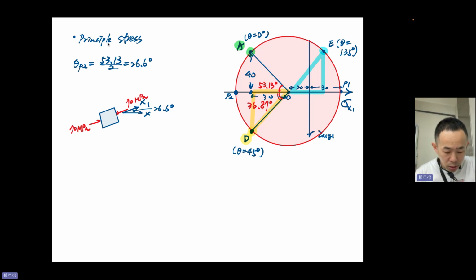How about P1? P1 is also easy, 30, and it's positive. We just look at the circle and we obtain the value. So easy. Okay? And that's it.